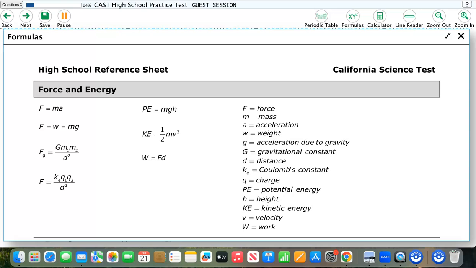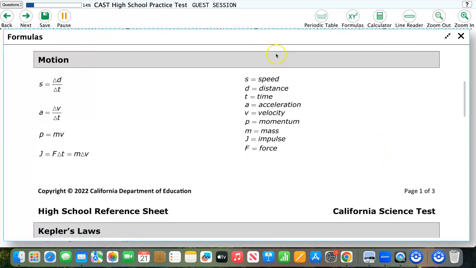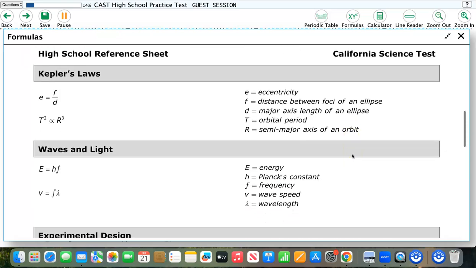We have formulas about force and energy, and here they are, potential energy, and all the variables are identified over here, which is very helpful. If we move on, we have motion formulas and variables identified. We have Kepler's laws, which are next.